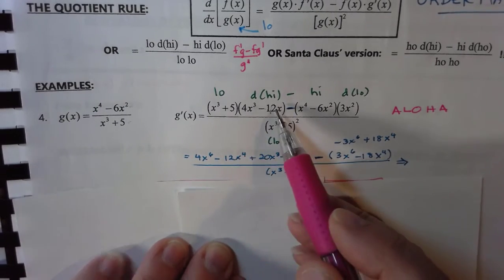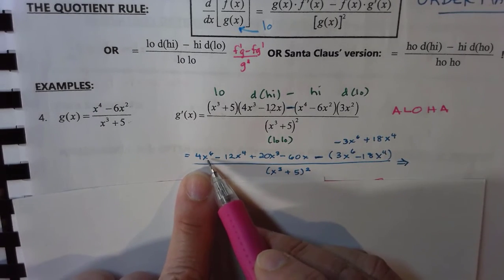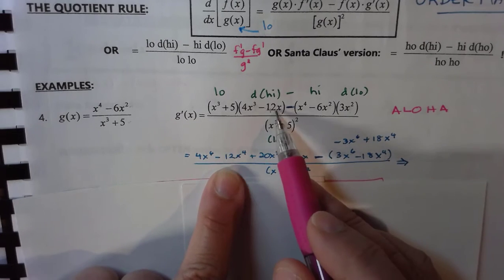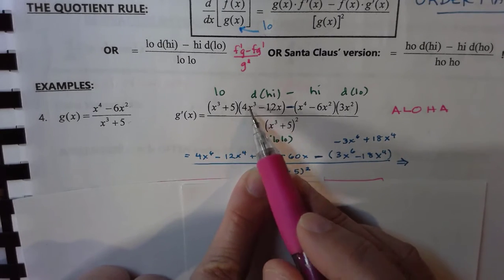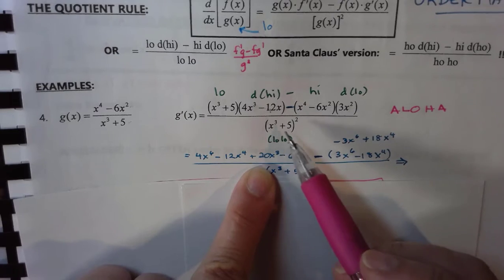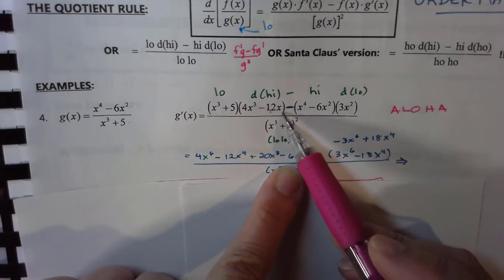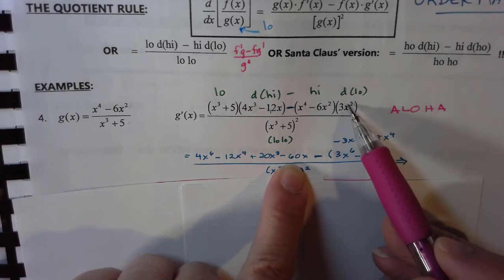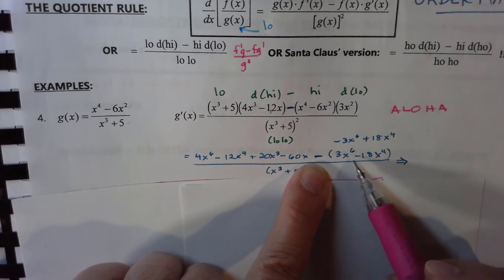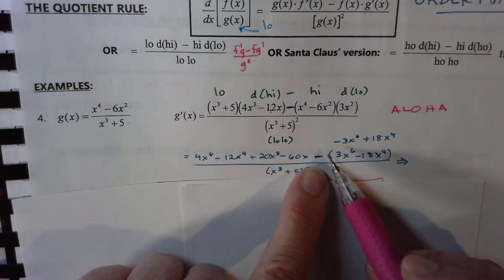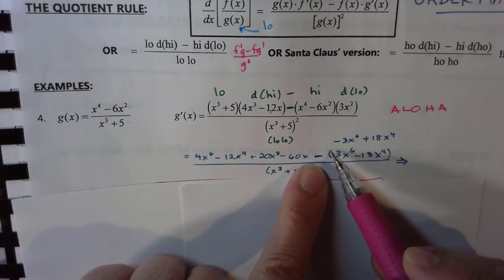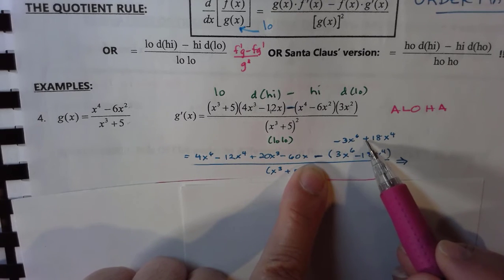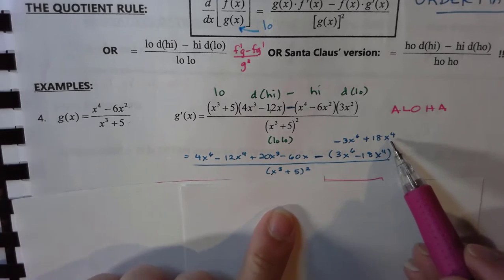If I FOIL this, we get 4x to the sixth minus 12x fourth plus 20x third minus 60x. Now that's that part. Here we're going to distribute a 3x squared over this, leaving it all behind the negative sign. And when we distribute the negative across, we get negative 3x to the sixth plus 18x to the fourth.